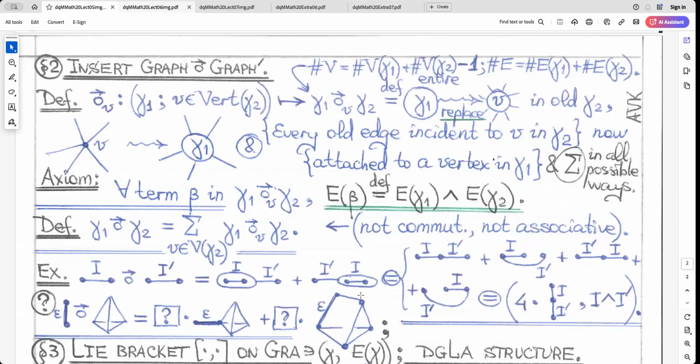Okay. So this graph is not strongly connected. We should forget about this. Yes, forget about that. That strong connectedness assumption was made by Willwacher.